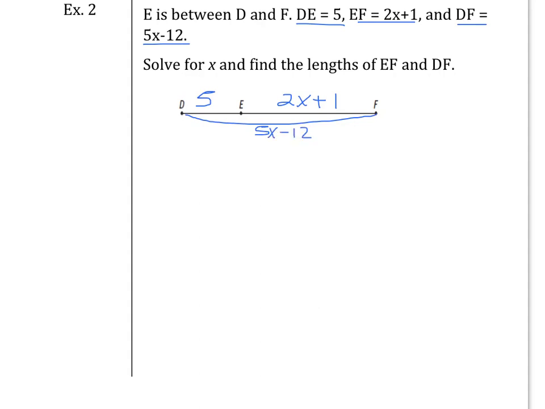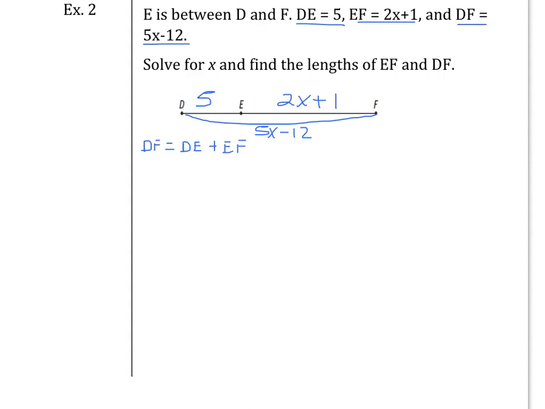Again, let's state the segment addition postulate, which says that the whole segment DF is equal to the sum of the two segments, DE plus EF. And now let's substitute.